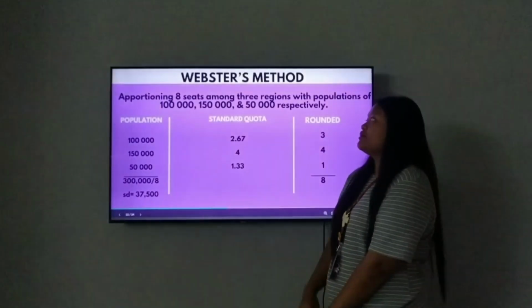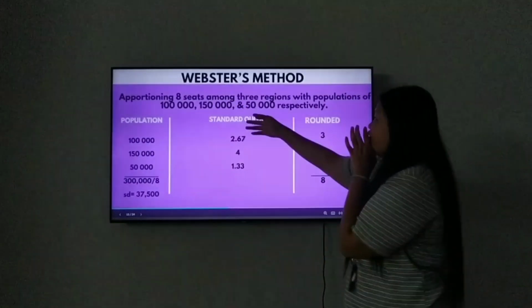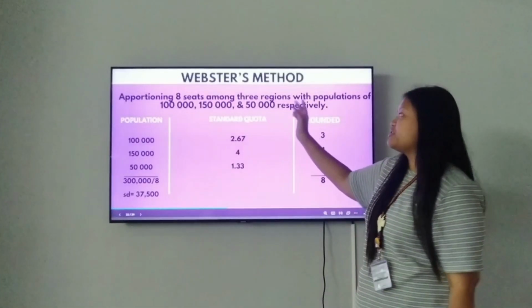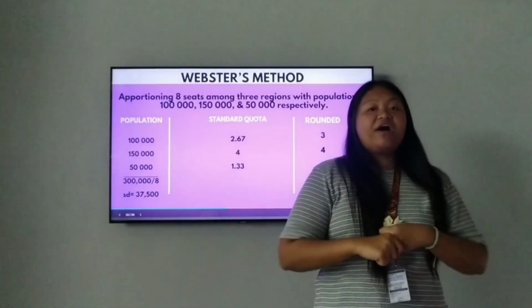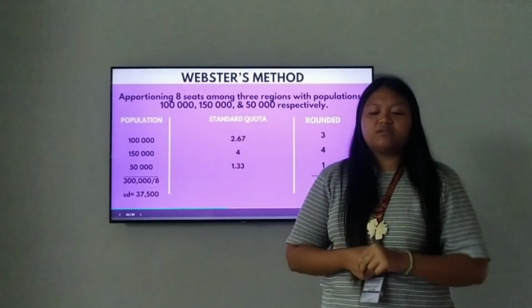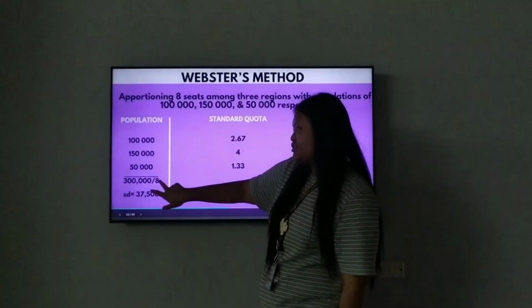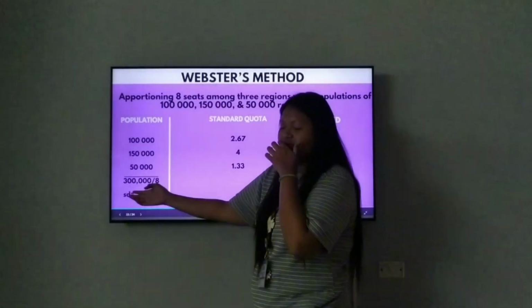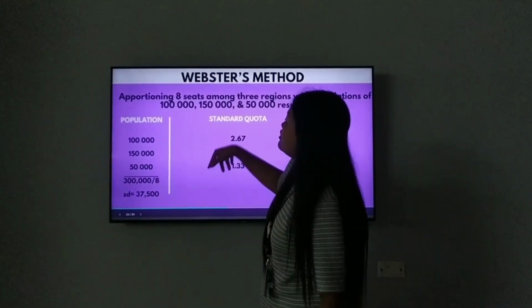Next example is the Webster's method. Apportioning 8 seats among 3 regions with populations of 100,000, 150,000, and 50,000 respectively. So we add up our population here, which totals 300,000, divided by 8, which is the given.